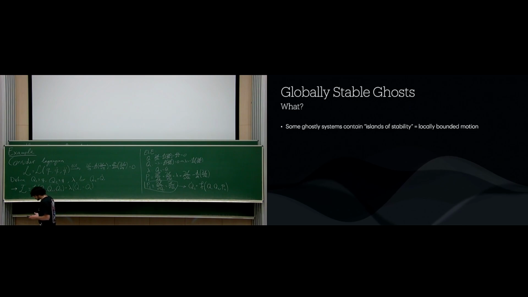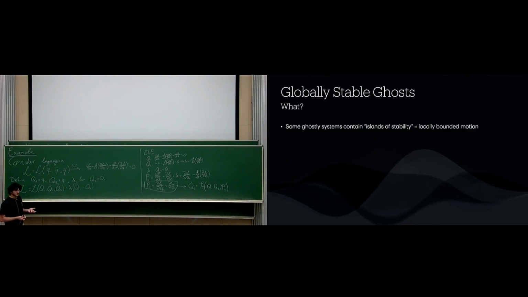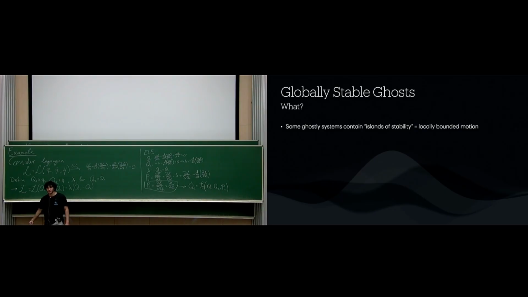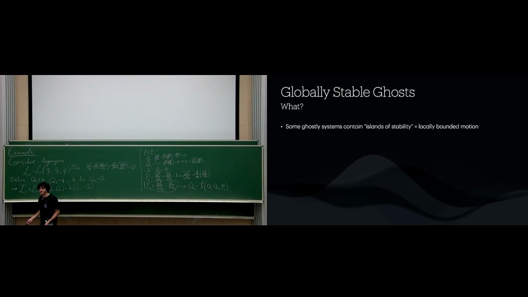But recent work has found that actually, no. There exists quite a wide class of systems where you can have a ghostly degree of freedom and retain global stability in all of phase space, meaning you can pick any initial parameters, evolve your system in time, and you will have bounded motion in phase space. So you won't have any runaways.